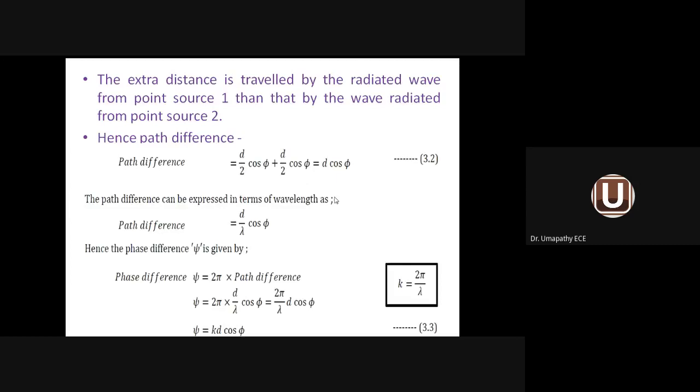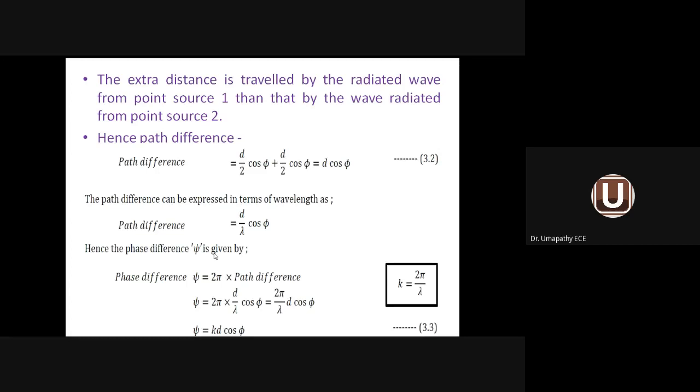Now path difference equals d by lambda cos phi, in general form, where d is the distance, lambda is the wavelength, and phi is the angle between the radiation and the axis. What do we mean by the phase difference? We are coming across two radiations because two antenna elements are there, 1 and 2.